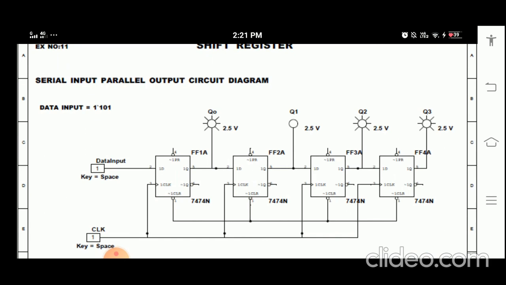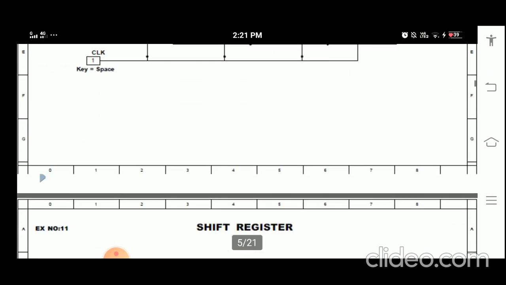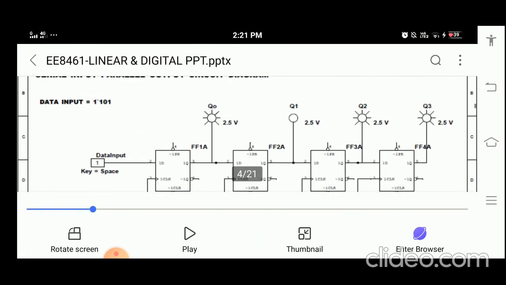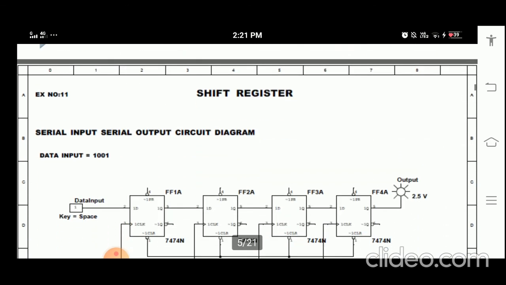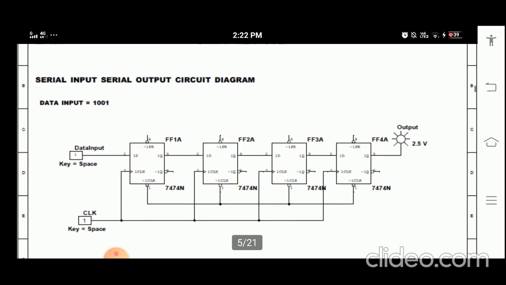Here I constructed the circuit diagram in Multisim as per the circuit diagram in the manual. I am taking the input data as 1101. For that, bits Q0, Q2 and Q3 will glow as per our truth table. Similarly, you can verify all the other inputs like this.